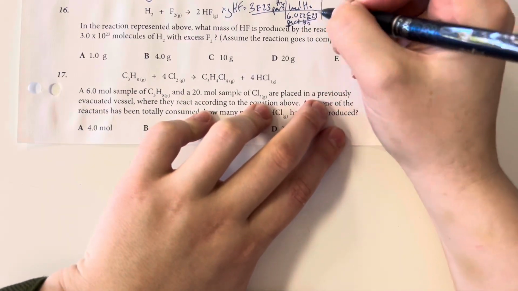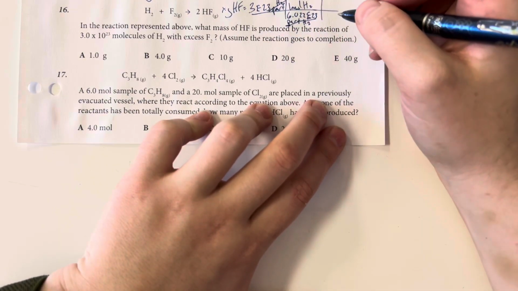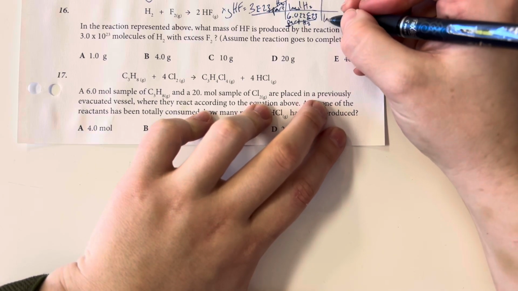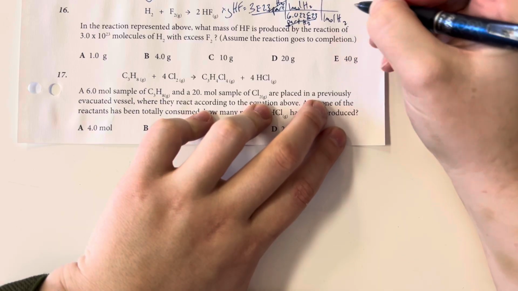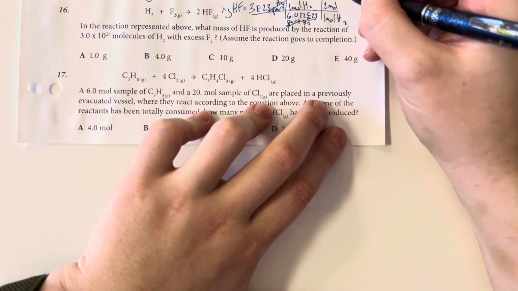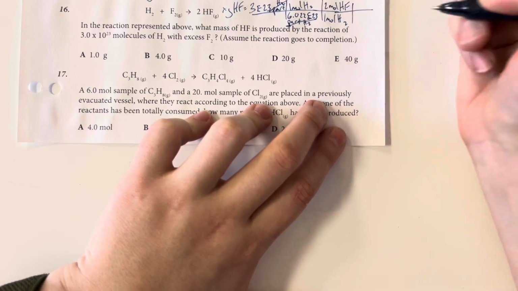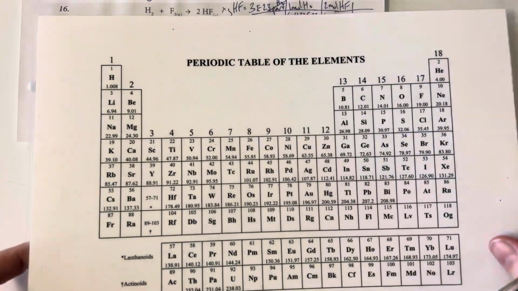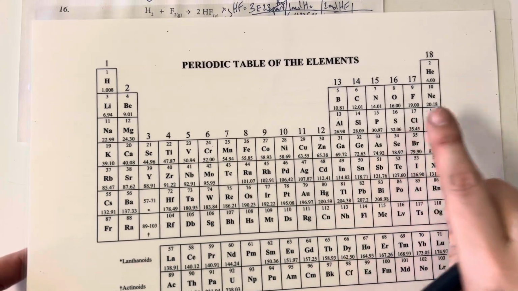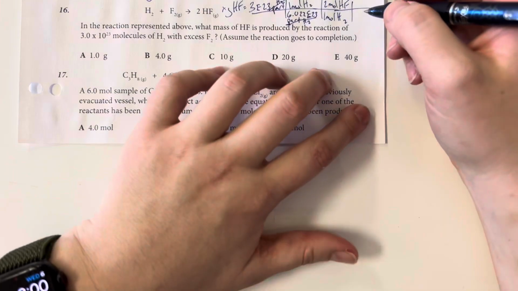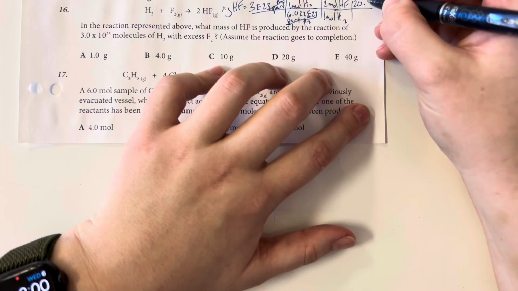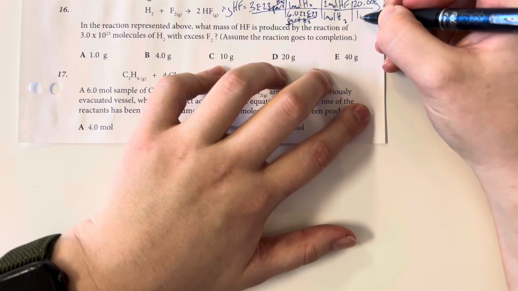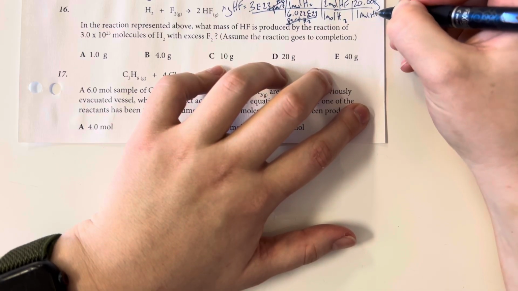Then out of moles of hydrogen into moles of hydrofluoric acid, the relationship is 1 to 2. So for every 1 mole of hydrogen, there is 2 moles of the hydrofluoric acid. And then I need the mass of that. So hydrogen has a mass of 1.08, fluorine has a mass of 19, so that's going to give me a mass of 20.08 grams of hydrofluoric acid per 1 mole of hydrofluoric acid.